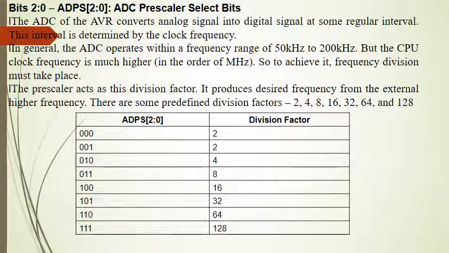So basically, these three bits are used to obtain the reduced frequency so that it can be fed to the analog to digital converter.